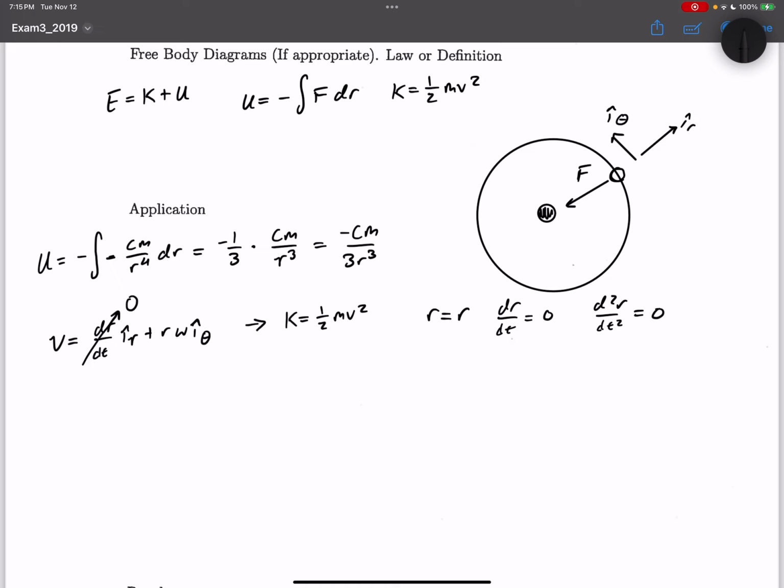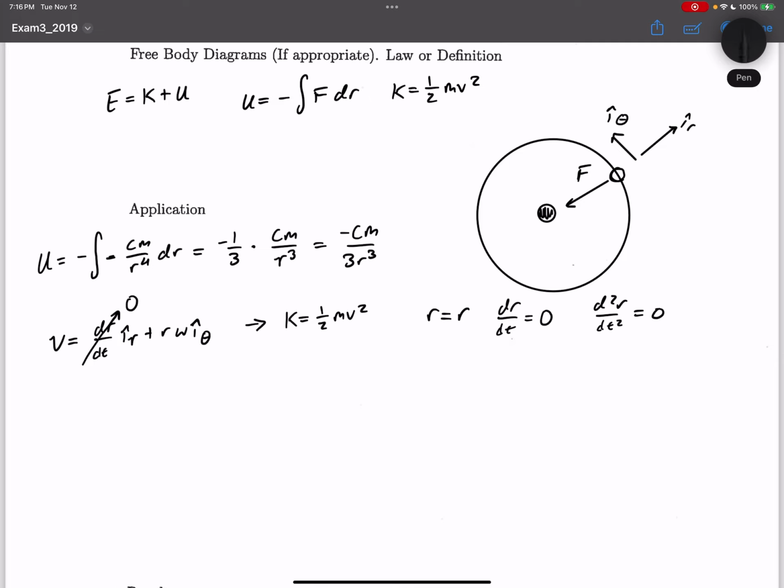We want to find a value for omega, because we can't leave omega in the answer. Right now we could do 1/2 m times dr/dt i_r plus R omega, but, oh, my bad, sorry.